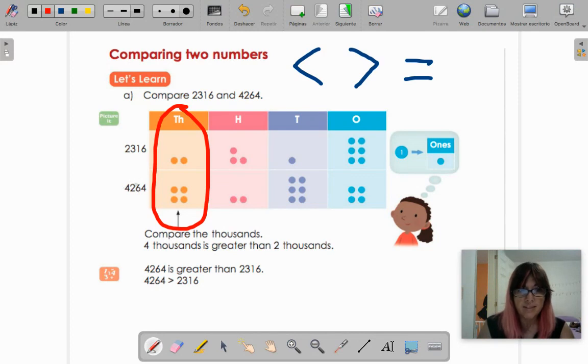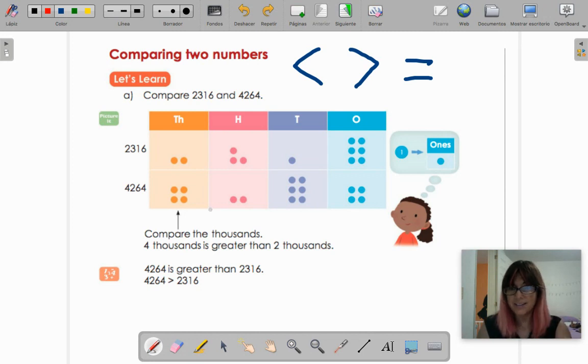We know that this is bigger. So look, they put it here. 4,264 is bigger, the big part goes to that number, than the one that is here. Okay, 2,360. Yeah? Are you understanding this?